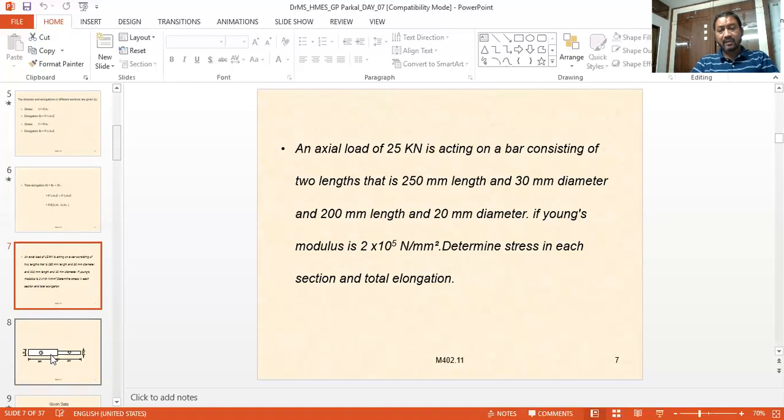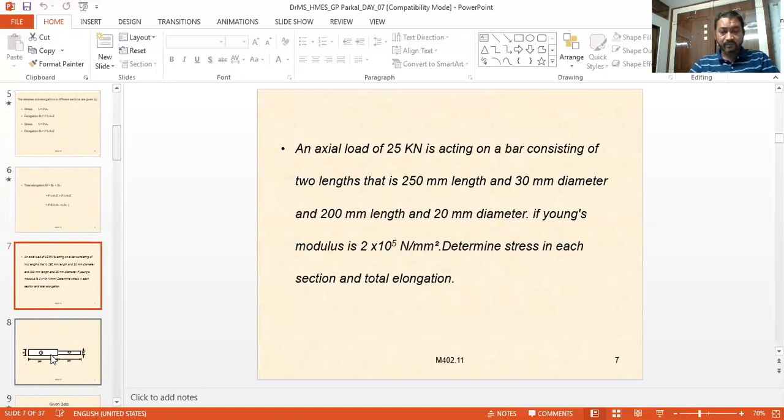If the Young's modulus is 2 into 10 power 5 newtons per square millimeter, determine the stress in each section and total elongation.